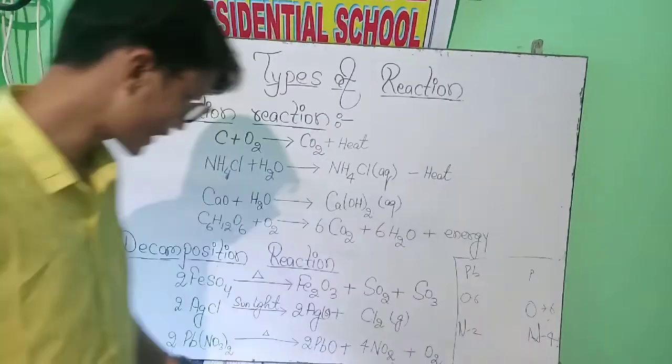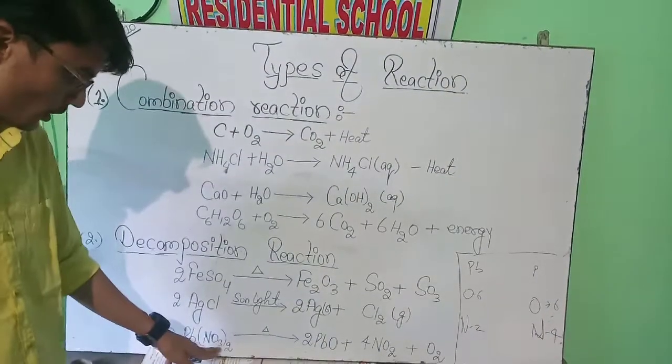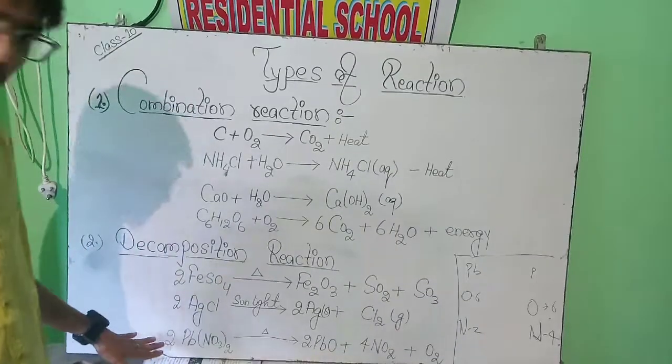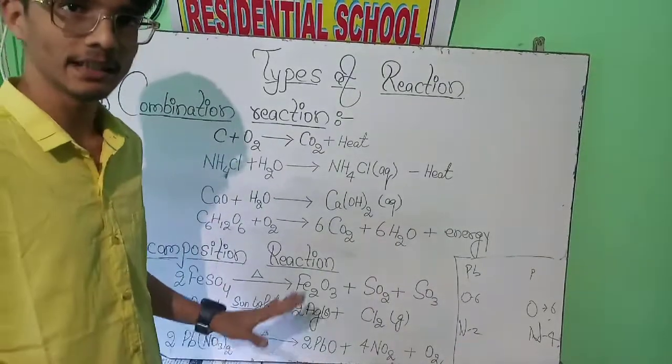So 12 oxygen on the product side and 12 oxygen on the reactant side. Now our full equation is balanced.